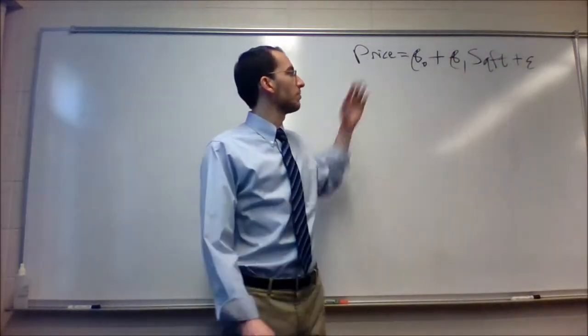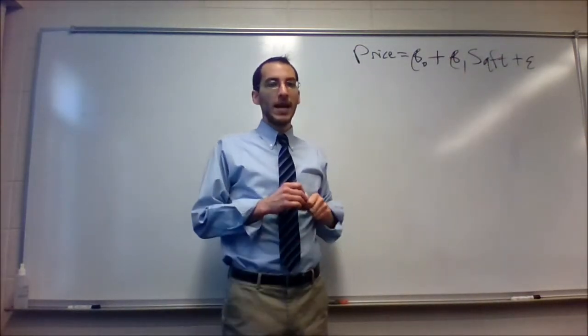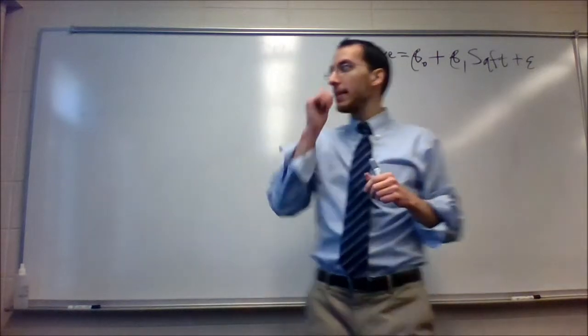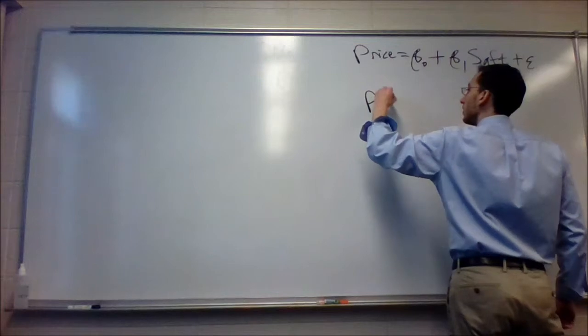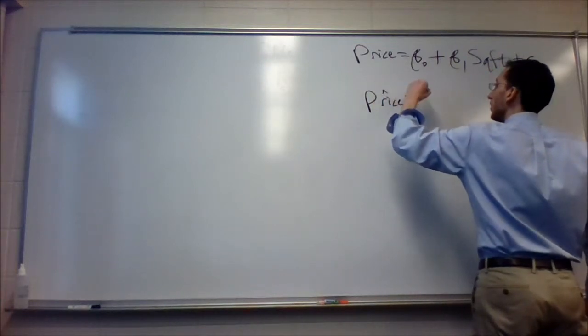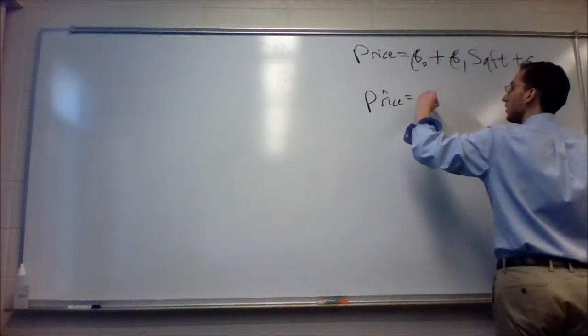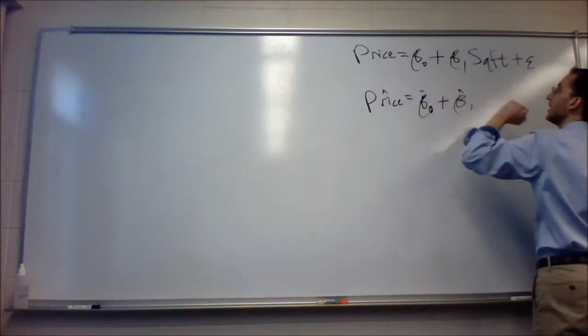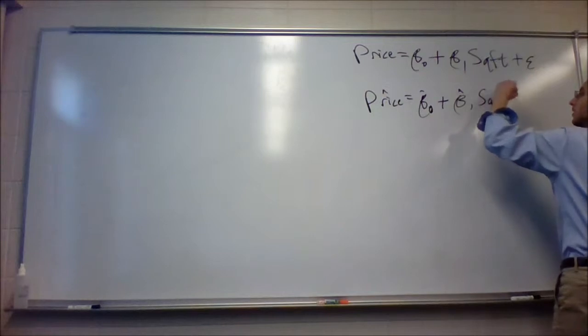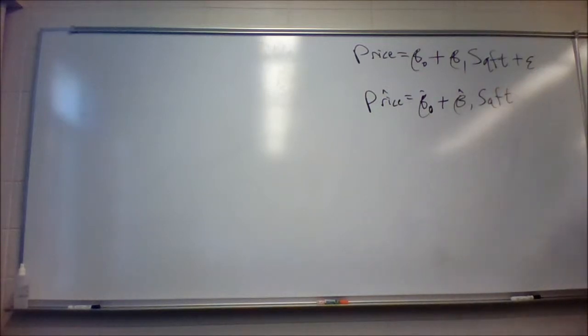So just my usual simple linear regression. And let's say that I get a predicted model with some predicted intercept coefficient and slope coefficient. So I've got my theoretical model and my estimated model.